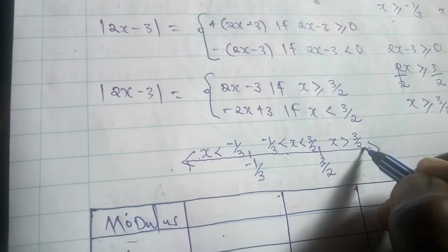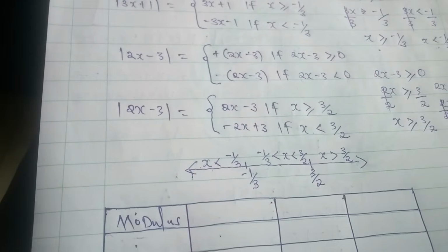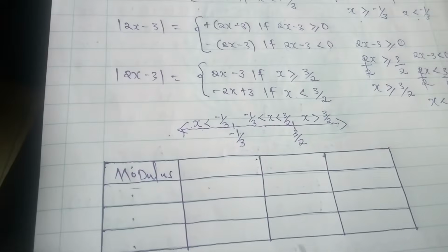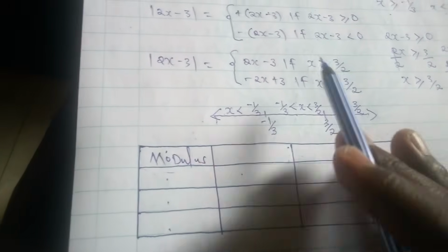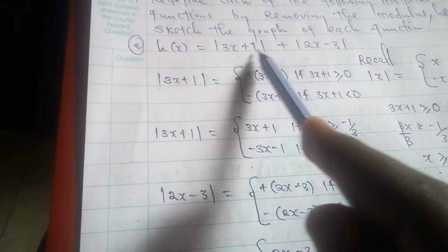Now from there, you have to write a table like this one. So here you are going to indicate the modulus. The modulus are these ones, this one and that one.